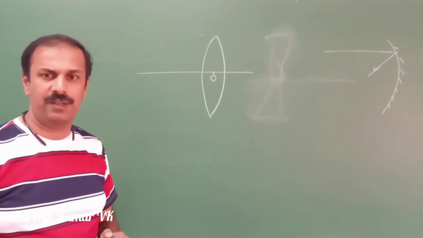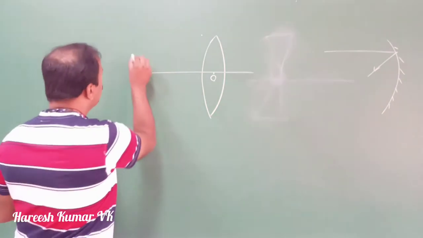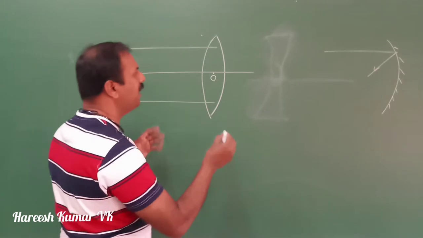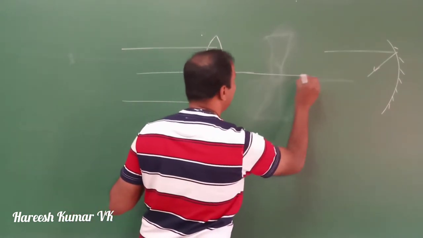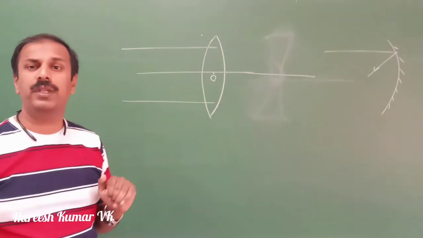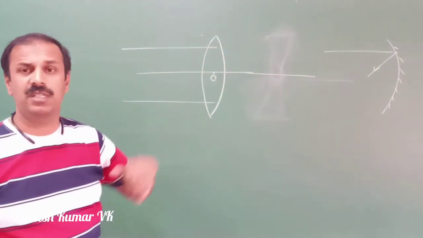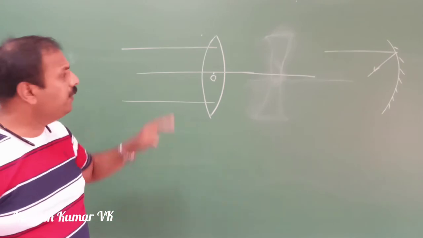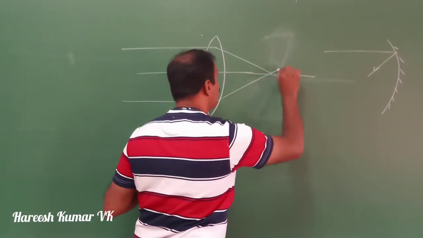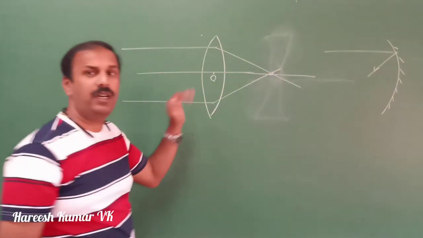Two possibilities there. So here you see, if a beam of light or different rays of light are coming like this, the rays which are parallel to the principal axis will pass like this. Or we can say they will converge like this.